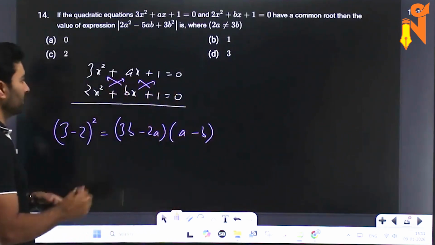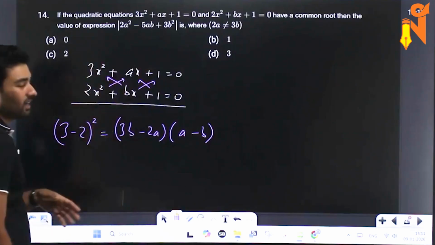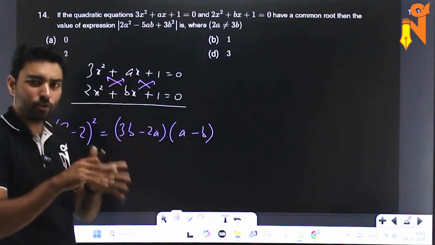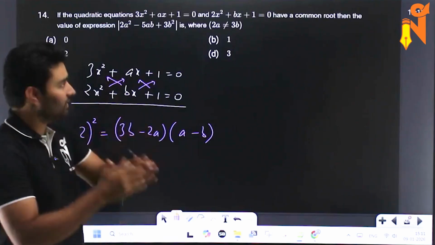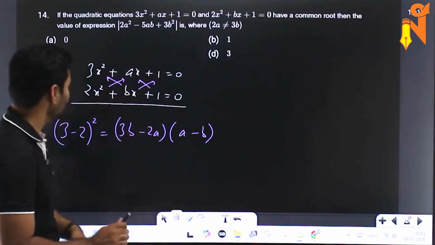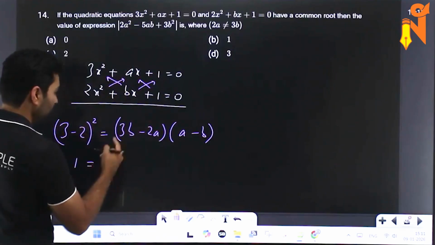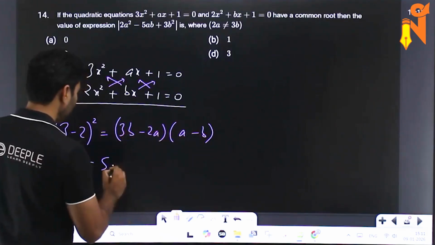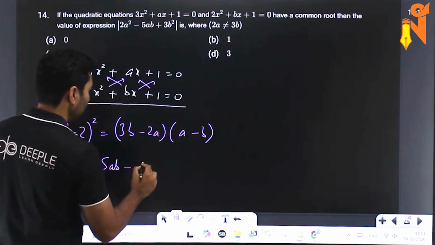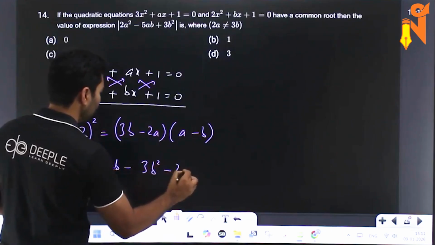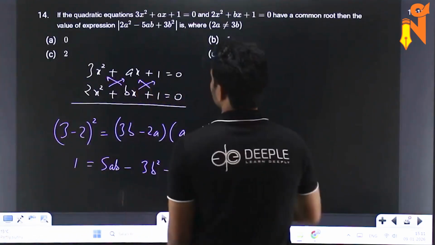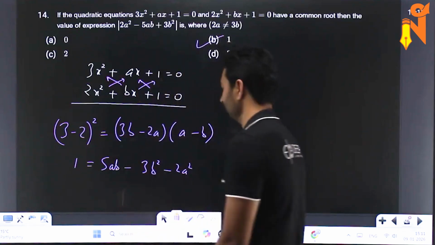Keep in mind the order, this minus this. You can also solve this question by the simple method, which is find the common root, then put the common root in this equation, not an issue. Open it, 1 is equal to 3ab plus 2ab, so 5ab minus 3b square minus 2a square. So the question is, find the value of this, which is equal to 1. Very basic question.